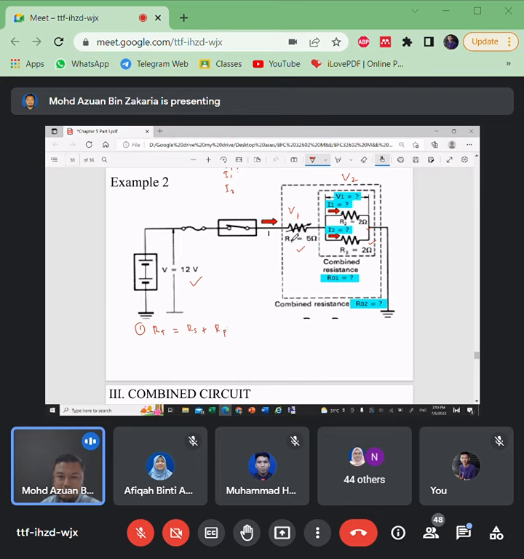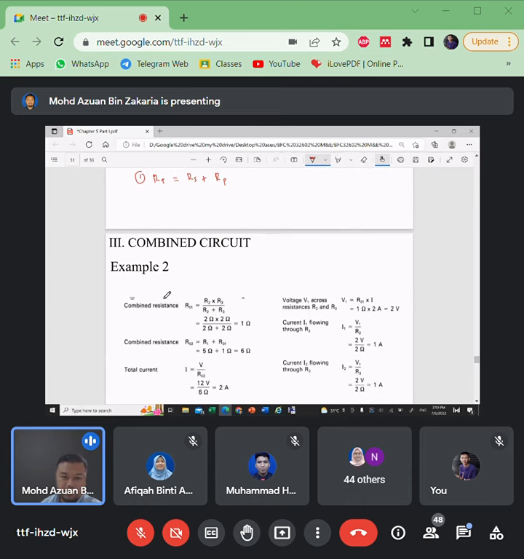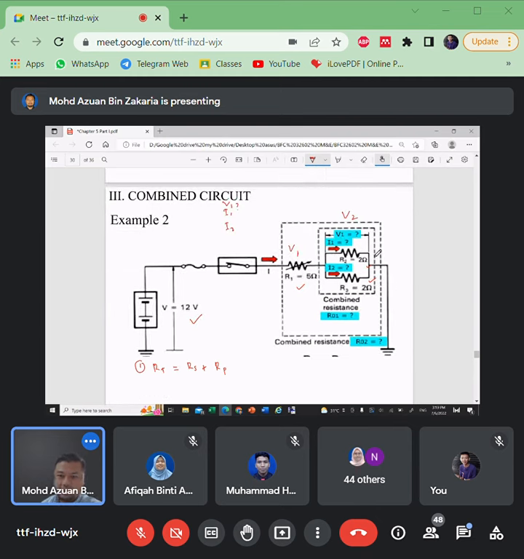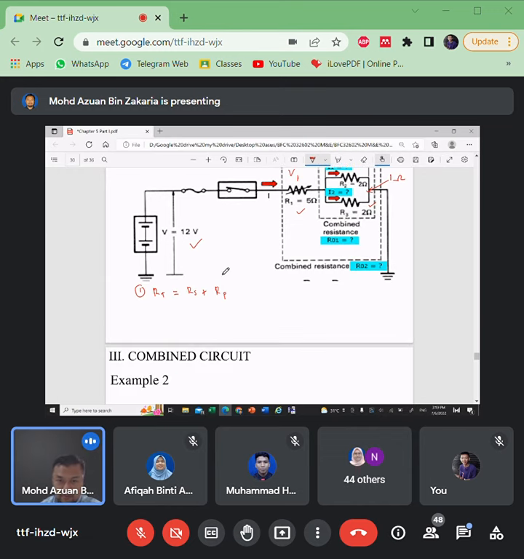Then we solve R parallel first. 2 ohms multiplied by 2 ohms divided by the sum 4 gives R parallel of 1 ohm. Then combine the resistance. So R series is 5, plus R parallel 1 ohm, and we get R total is 6 ohm.